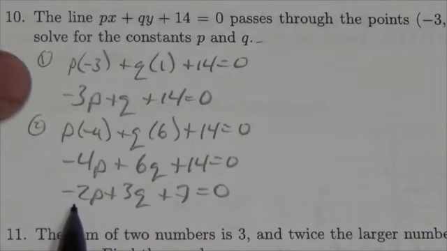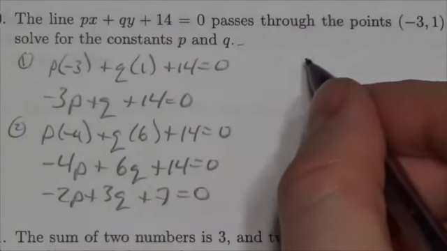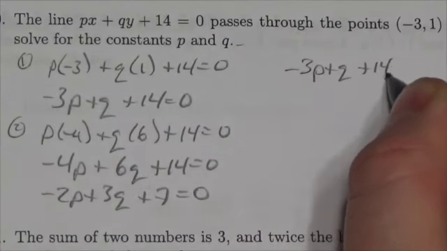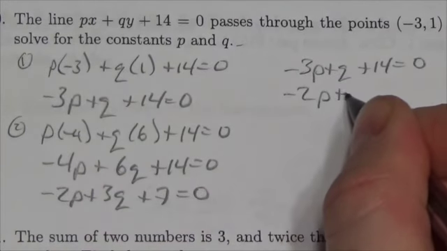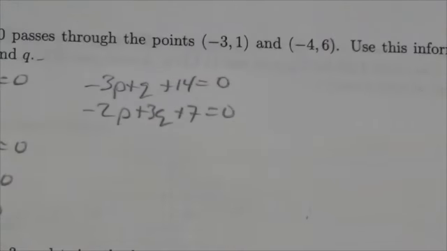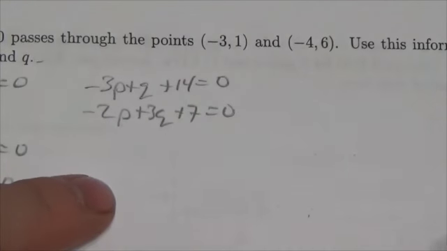Now, here are my two equations. Here's my system, so maybe I'll rewrite the system. Negative 3p plus q plus 14 equals 0, and negative 2p plus 3q plus 7 is equal to 0. So this is the system that I want to solve. Now I've got to choose a method.